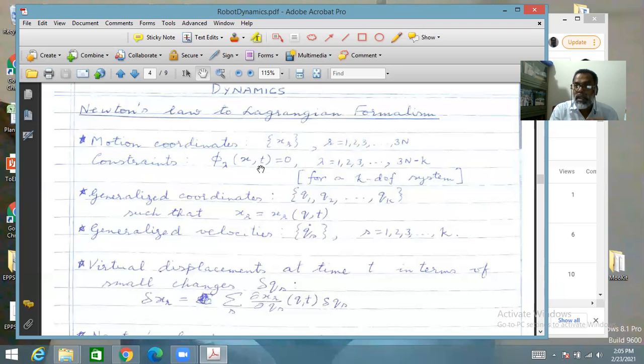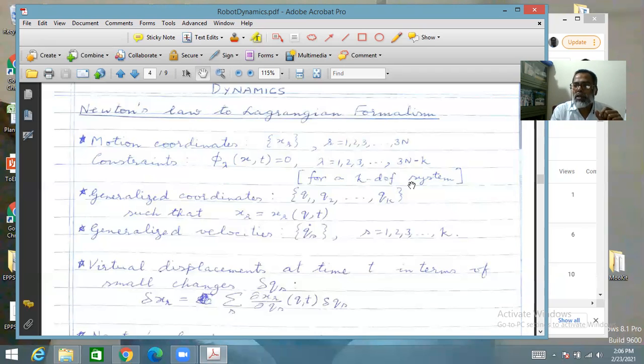Now, these constraints are maintained by constraint forces between two particles of the same body or two particles of different bodies, whatever. Fine. So these constraint forces stop the relative motions which are not allowed by the constraints. Now, how many such constraints are there? There are 3n minus k, where k is the number of degrees of freedom of the system.